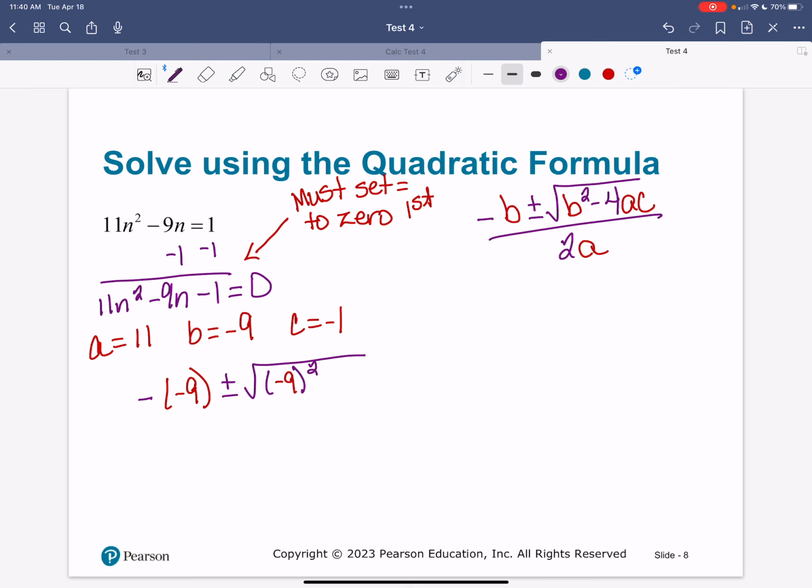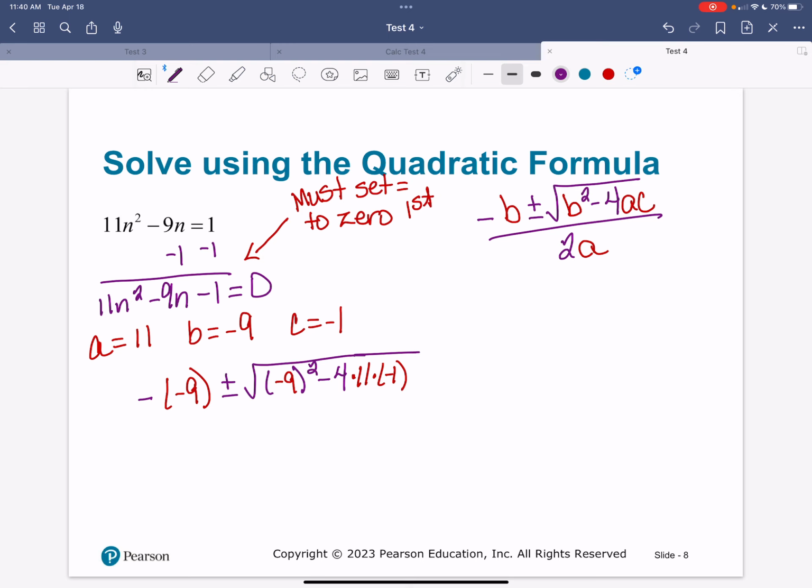Then I've got minus 4. My A value is 11. My C value is negative 1.